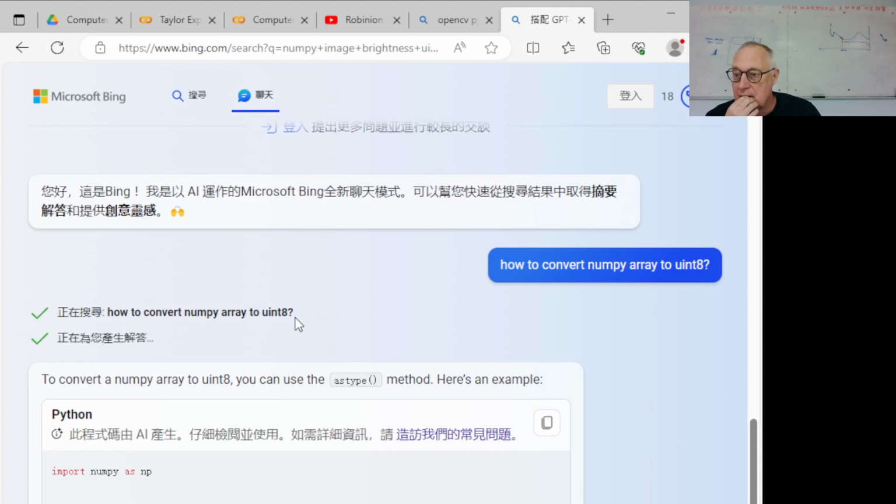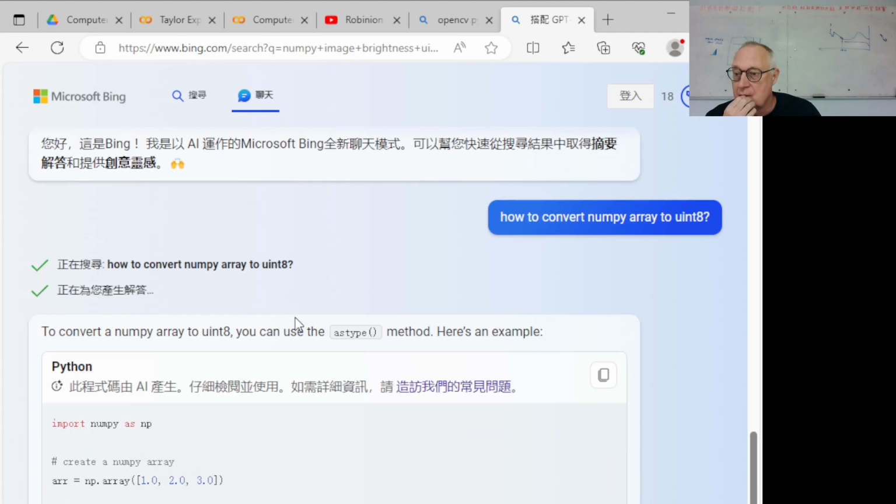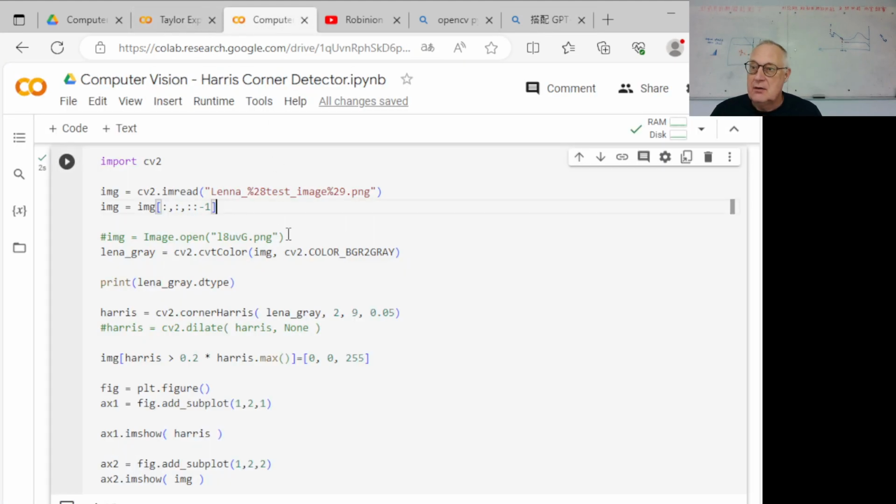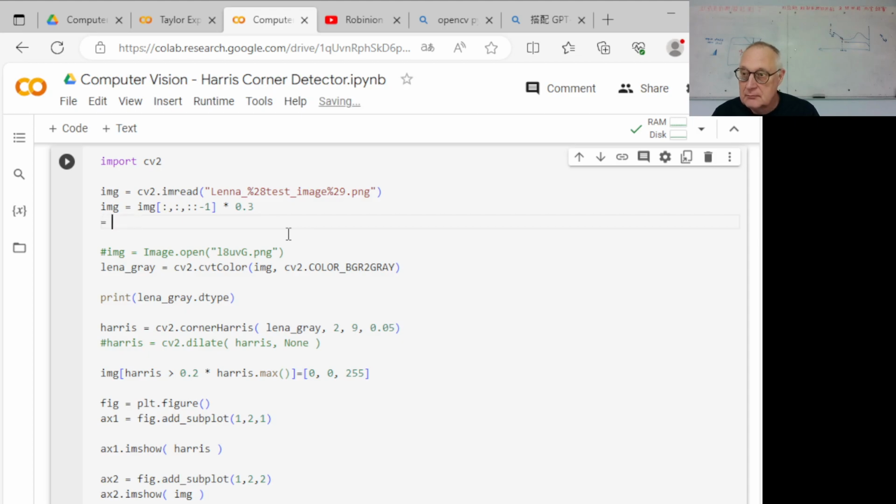So I darken the image. Convert it to UINT8.